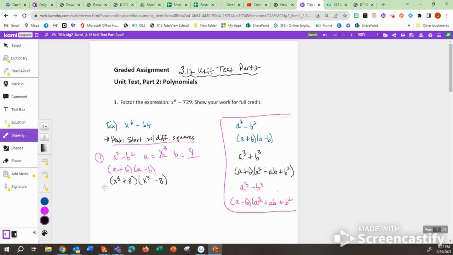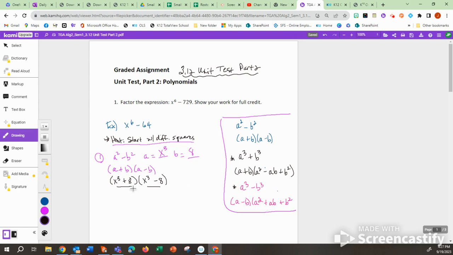Now for step 2, we're left with x cubed plus 8, which is the sum of cubes, so we'll use the formula there. And then I've got x cubed minus 8, which is the difference of cubes, and I've got a formula for that.